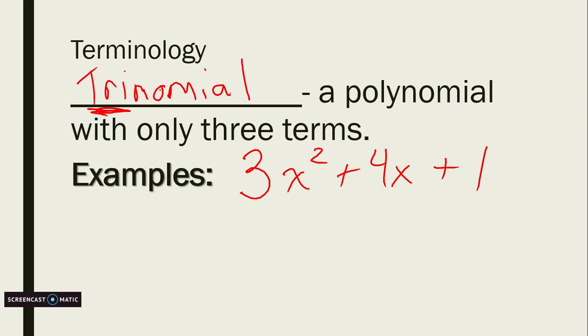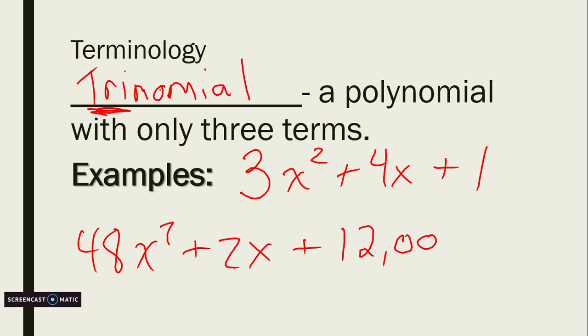Something that has an x squared term, just an x term, and then a constant term. But as long as it has three terms, it is a trinomial. So you could have like 48x to the 7th power plus zx plus 12,000. I don't know. Lots of options there. As long as it has three terms and it is in simplified form, you're good to go.